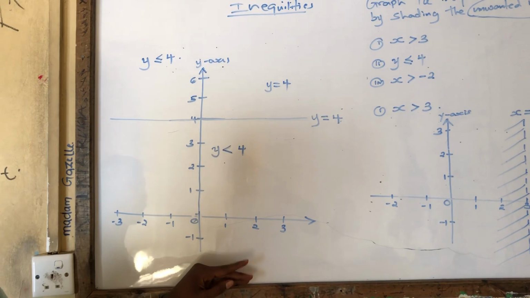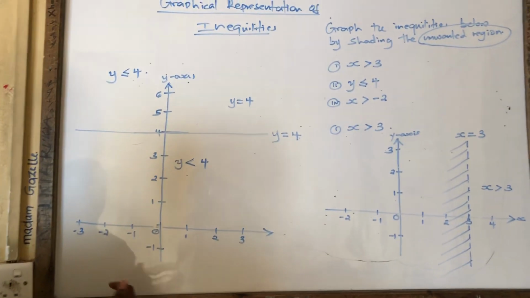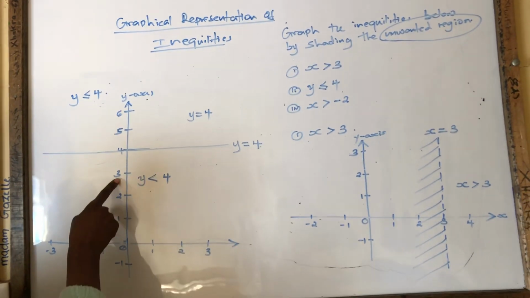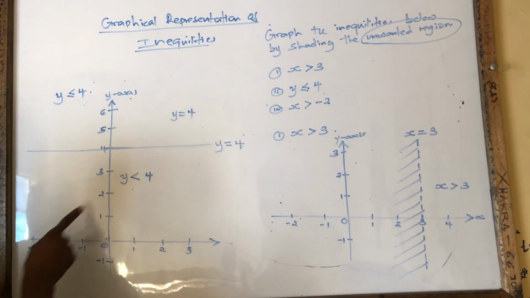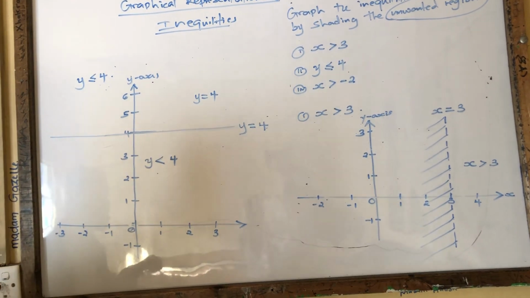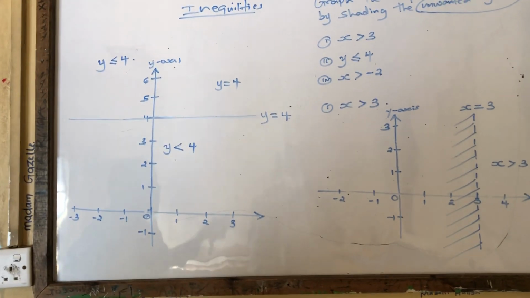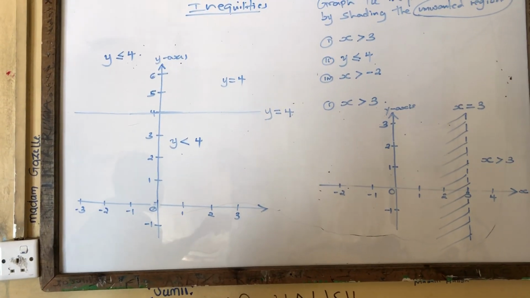But why? It's because it is in this region where we find numbers like 3, 2, 1, 0, -1, and so forth. So that becomes the region where y is less than 4.